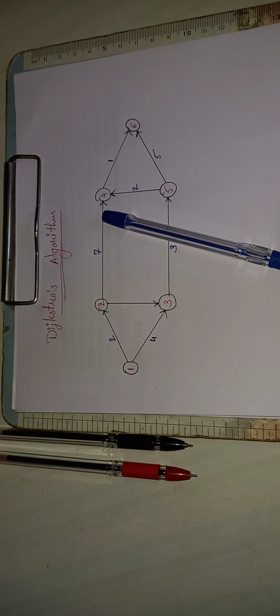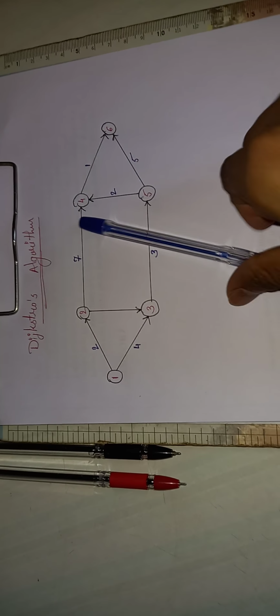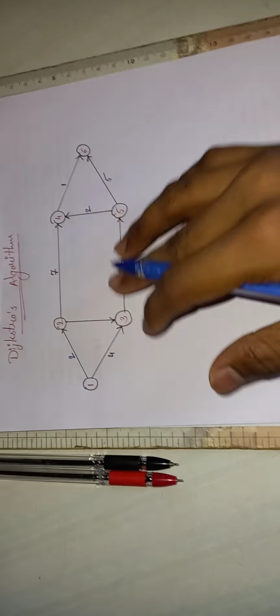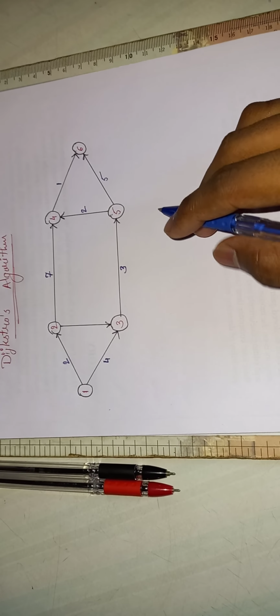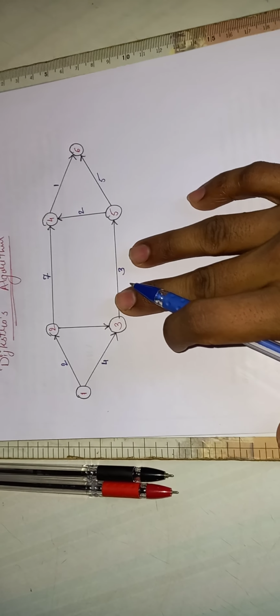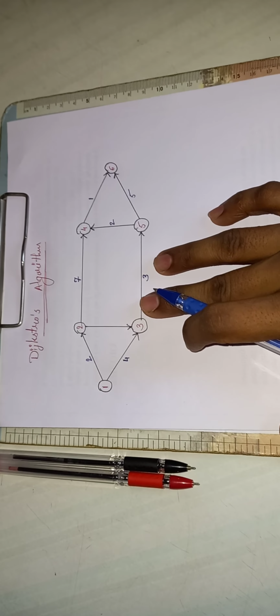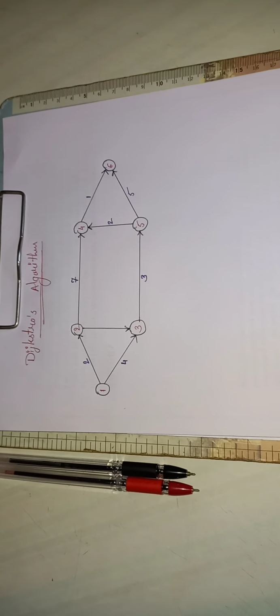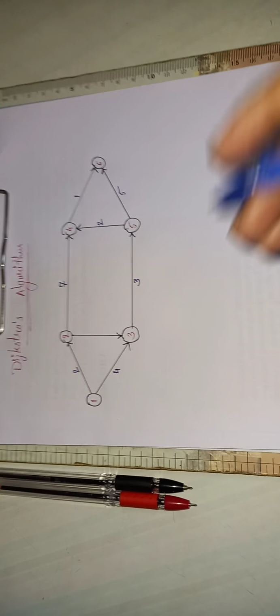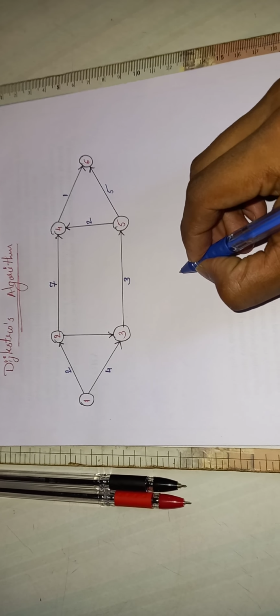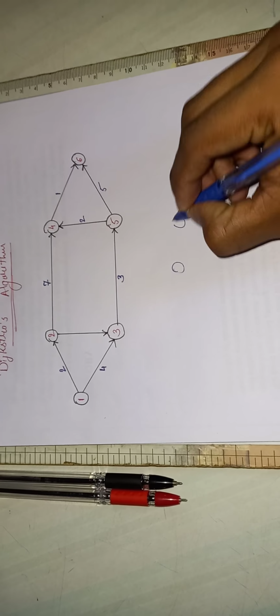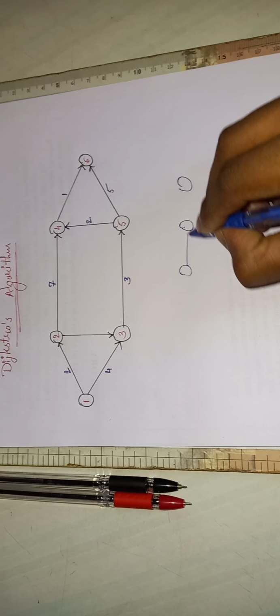So let's directly start with the example. Before going to the example shown in this graph, let's first learn the process which is to be followed in the Dijkstra algorithm. For example, consider vertices 1, 2, 3.